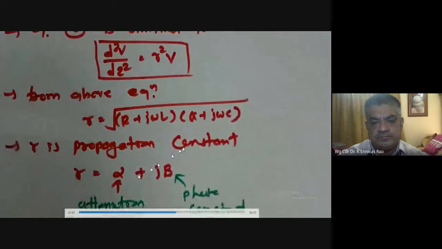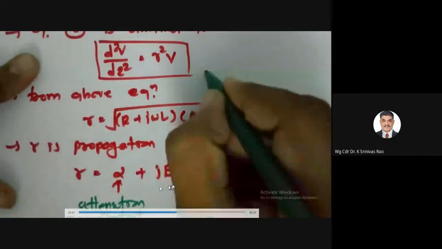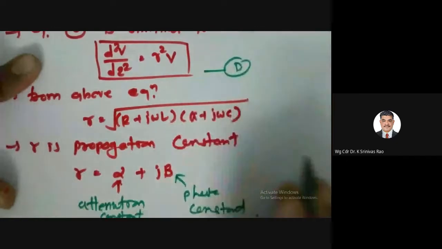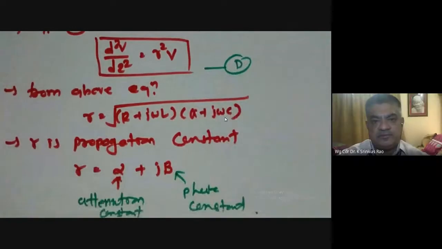In this propagation constant we have two parts, real and imaginary: the real part is the attenuation constant, and beta is the phase constant. We can call this equation D, del square v by del z square is equal to gamma square v.